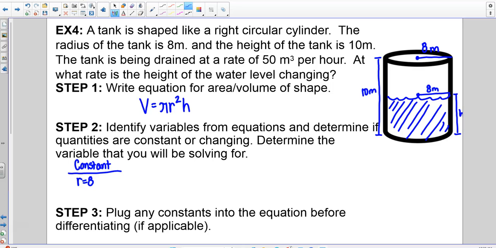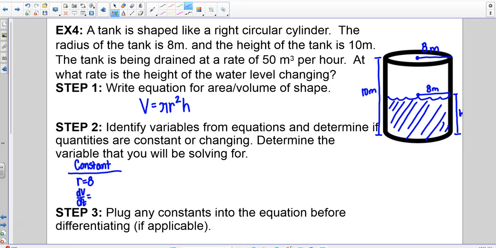And then we do have the tank is being drained at a rate of 50 cubic meters per hour. So what is that as far as variables go? It's a rate, so it's a d something dt. It's dV dt, and now watch this, the water is being drained.